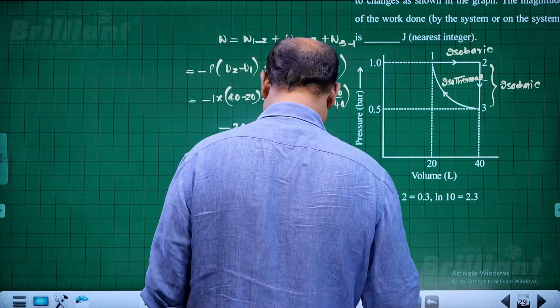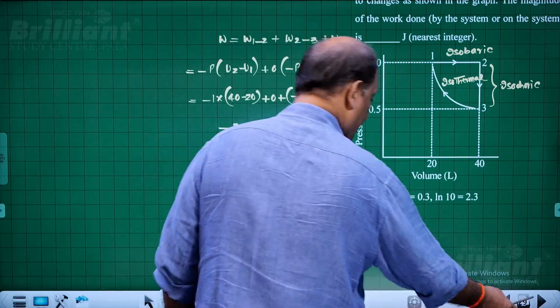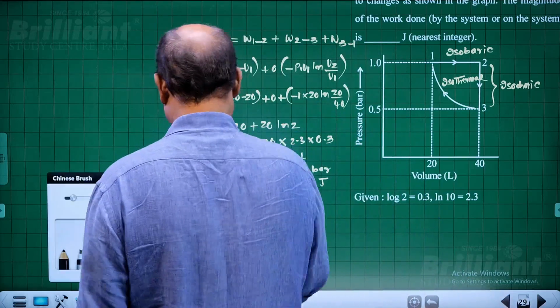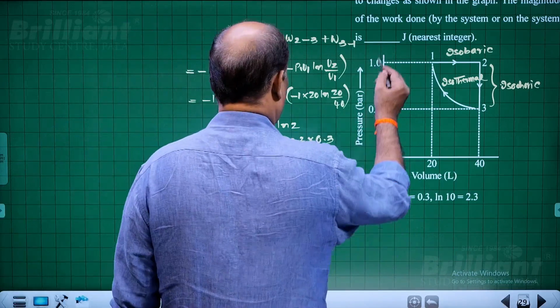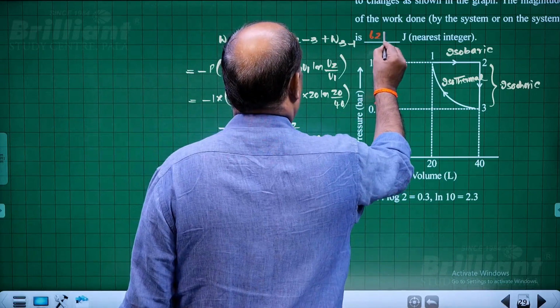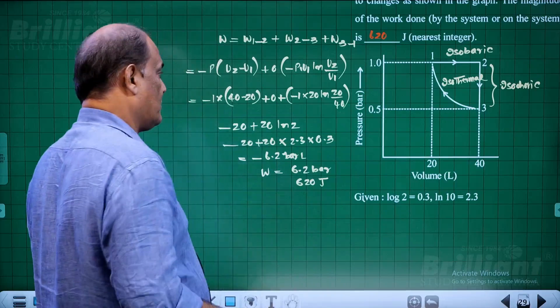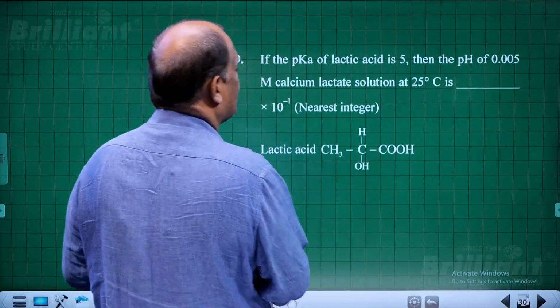So this is the calculation. This is how much it is going to be, around 620 joules. The pK of lactic acid is 5.